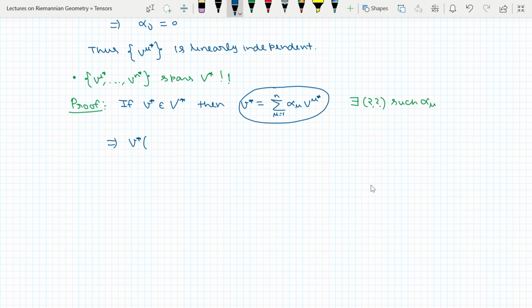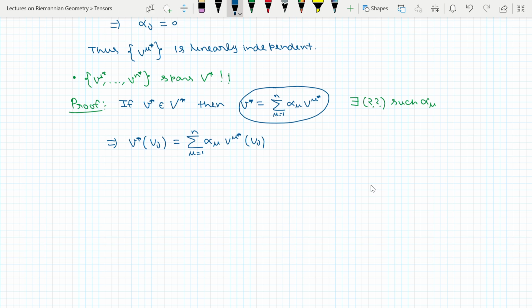So V star operates on some basis vector V nu. So this will be summation mu equals 1 to n alpha mu V mu star V nu.